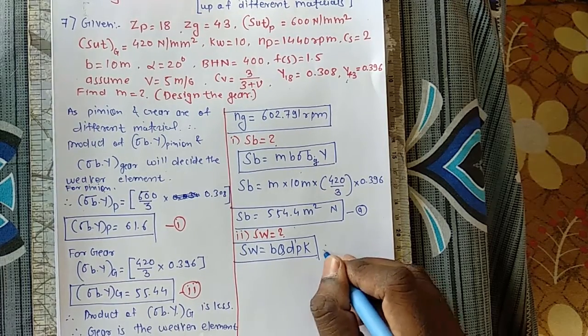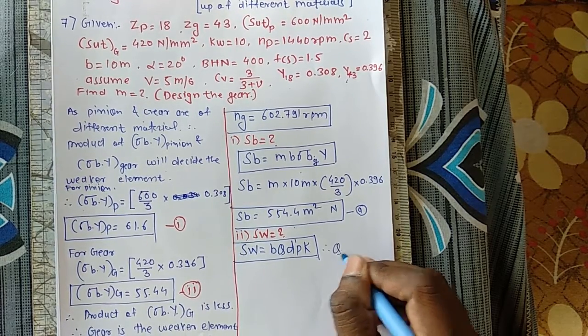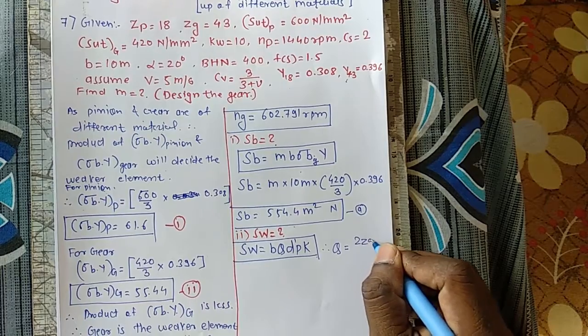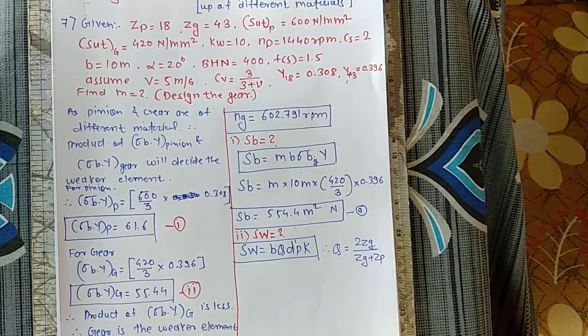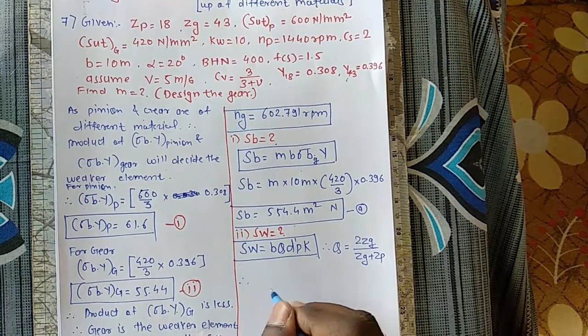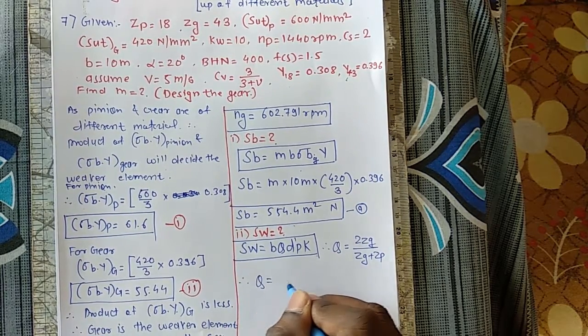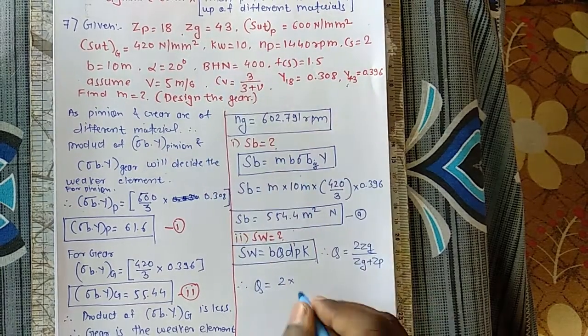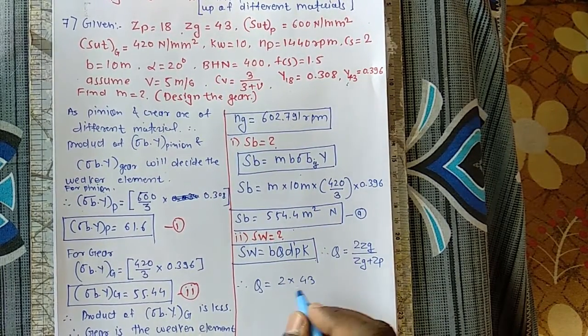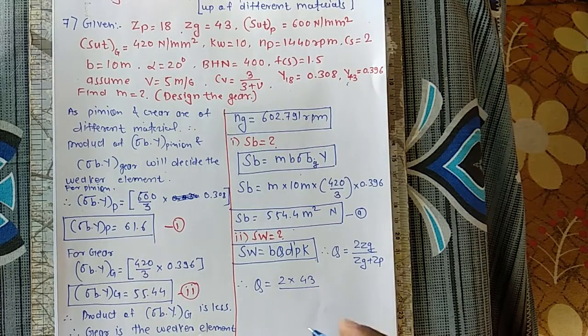So therefore I will start with Q. Q is equal to 2 ZG divided by ZG plus ZP, right? Therefore Q is equal to 2 into number of teeth on the gear, it is 43, and number of teeth on the pinion.